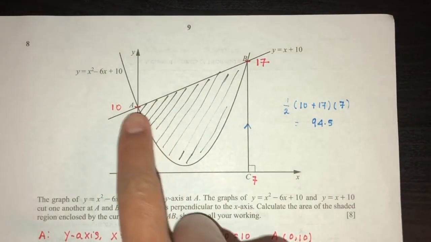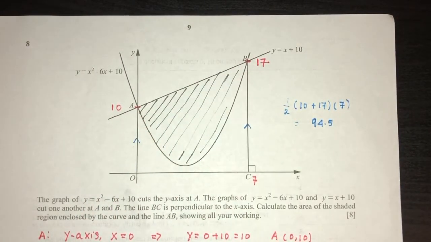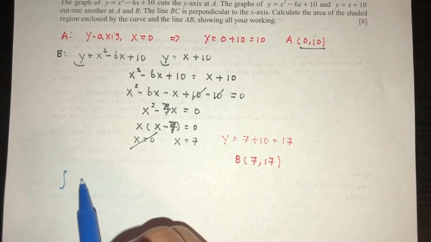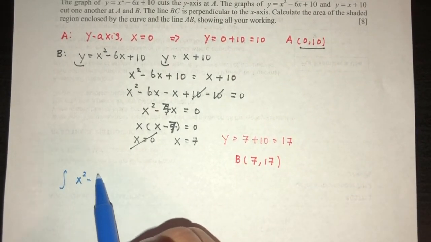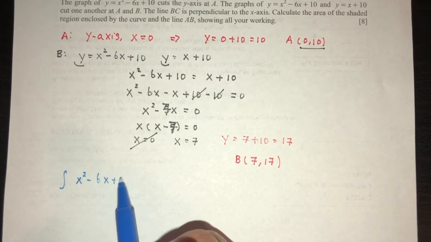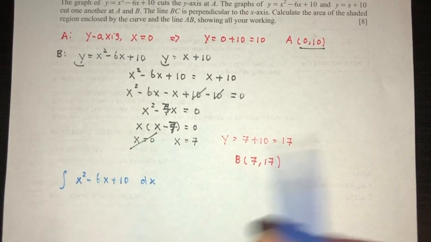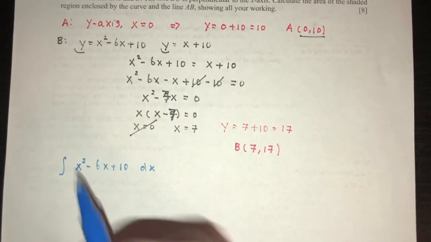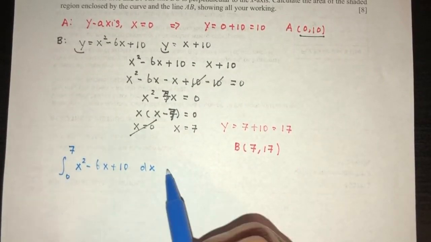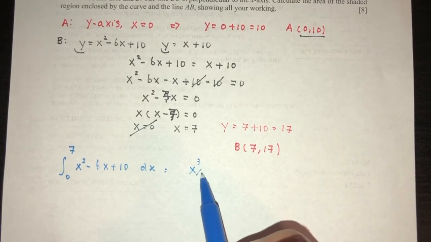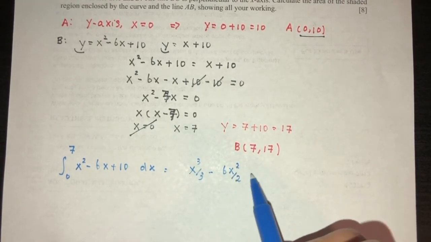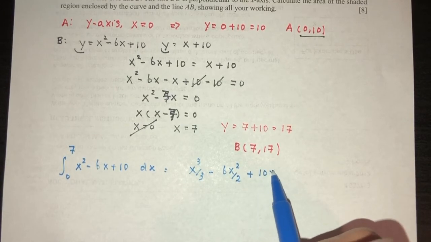Now you want to minus the area below the curve. You have to find this by using integration. So integration of the curve, x squared minus 6x plus 10 dx for the limits between 0 and 7. That will become x cubed by 3 minus 6x squared by 2 plus 10x.